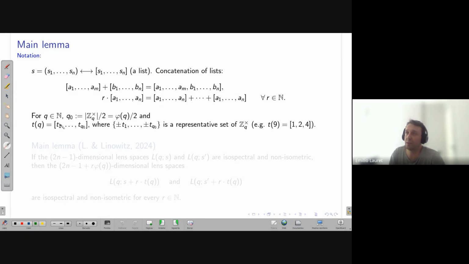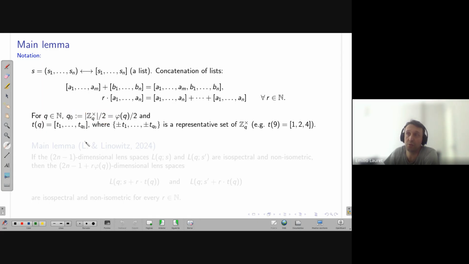And this is one part of the notation, and the other part is, let's fix an integer number q. This will be the number of elements of your cyclic group, your fundamental group, and q0 is going to be, now that this is the phi, the Euler phi totient function, the number of numbers coprime to q modulo q, or the order of this group, over 2.